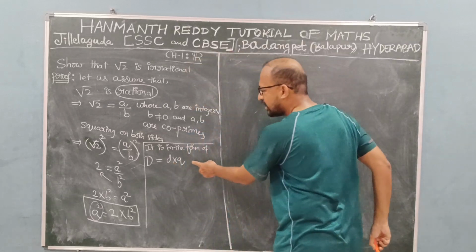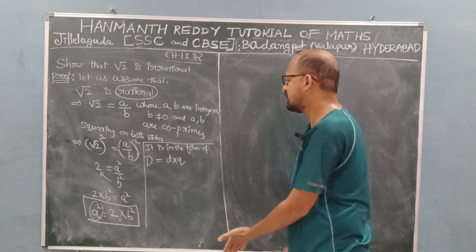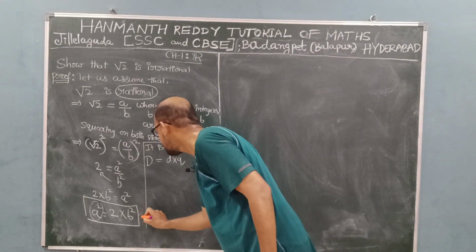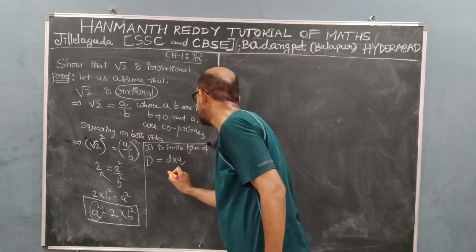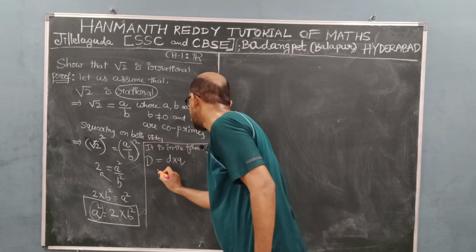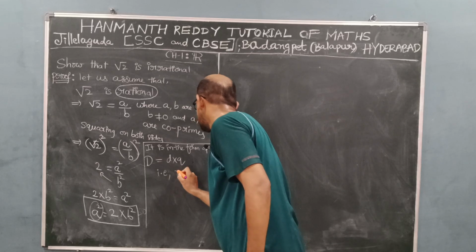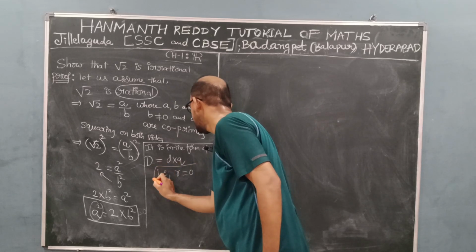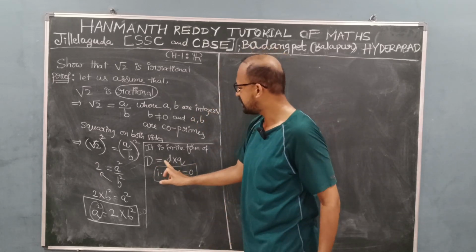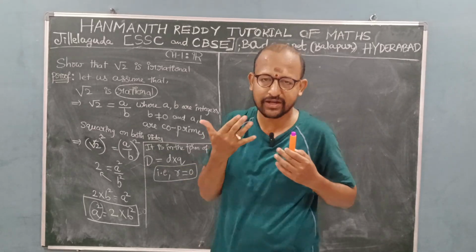I can't write the plus, so it is always plus 0. That means remainder is 0. Yes, I got remainder 0.